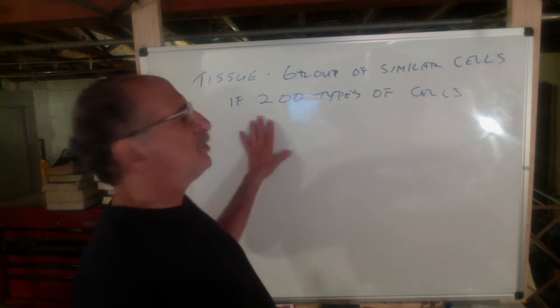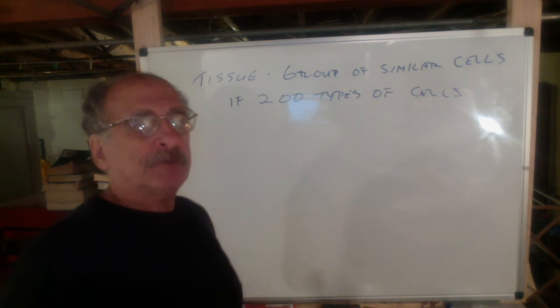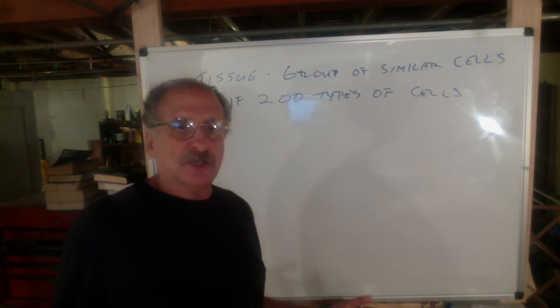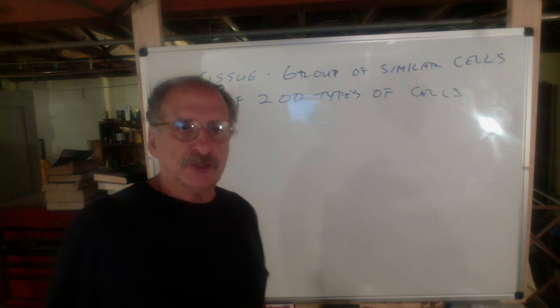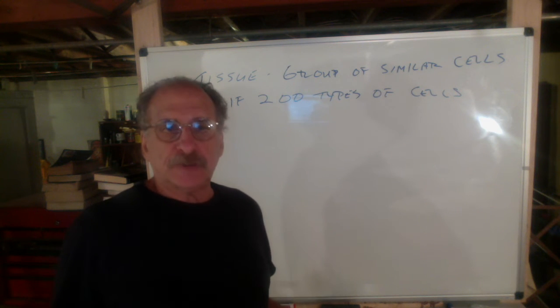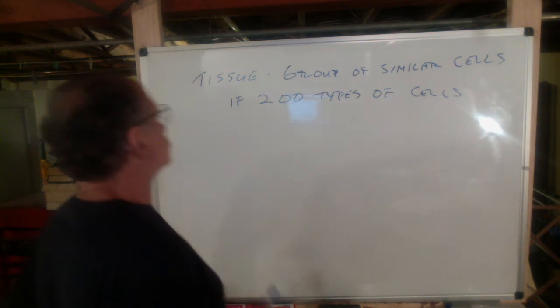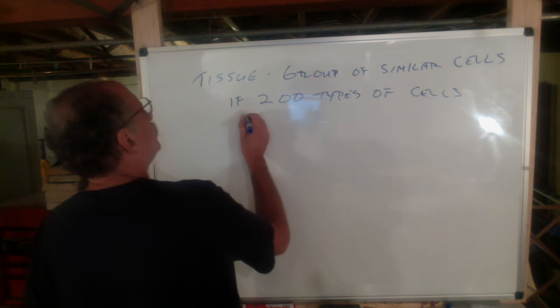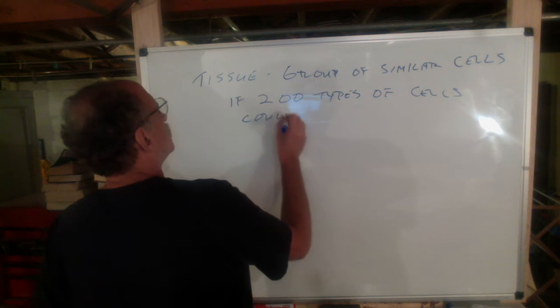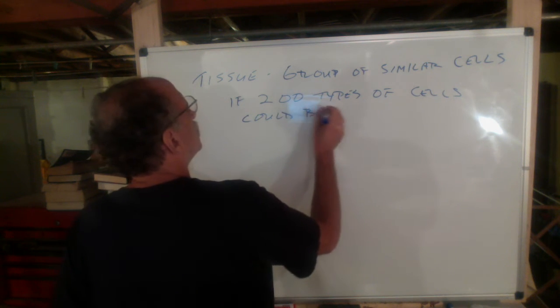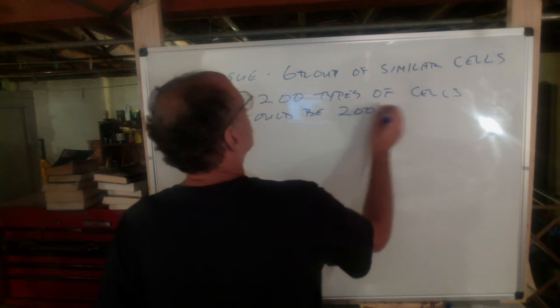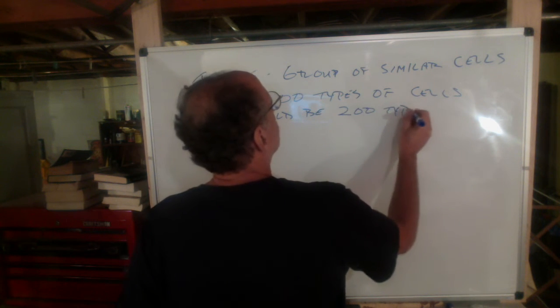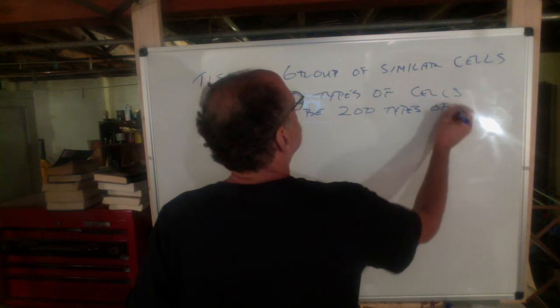If we pick a specific number, 200, we say there's 200 types of cells. If a tissue is a group of similar cells, then how many types of tissues could there be? Could be 200 types of tissues.